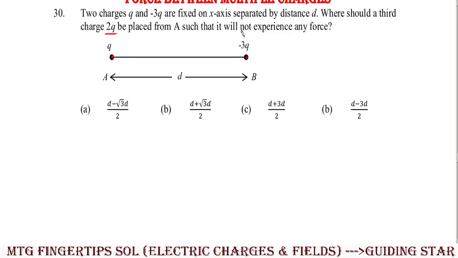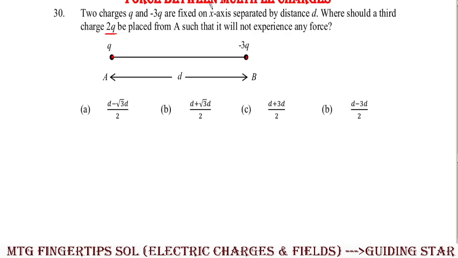That means this negative charge is 3 times the magnitude of this positive charge which is located at a. Clear. This negative charge is having 3 times magnitude as compared to the charge q, and it is negative, such that it will not experience any force. So where will you place this 2q charge such that it will not experience any force?